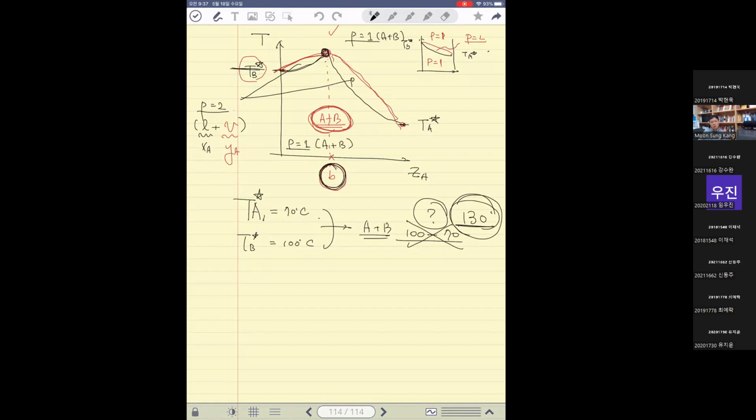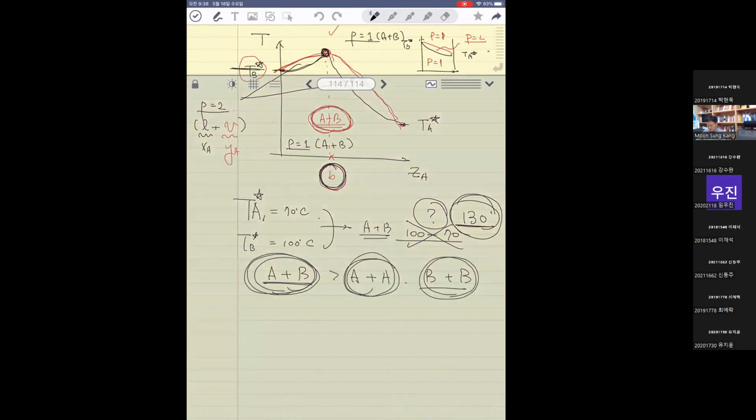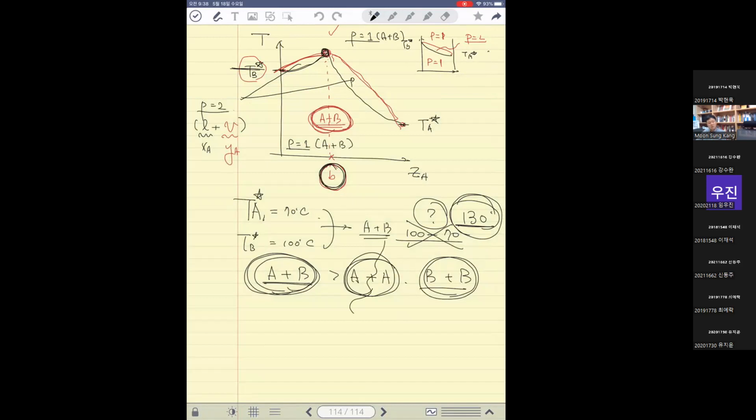They like each other so much, A and B, that they don't really want to get separated into vapor phase, right? They like each other more than themselves, right? If the interaction between A and B is stronger than the interaction between A and A or B and B, and the temperature that breaks this interaction is basically the boiling point, right?